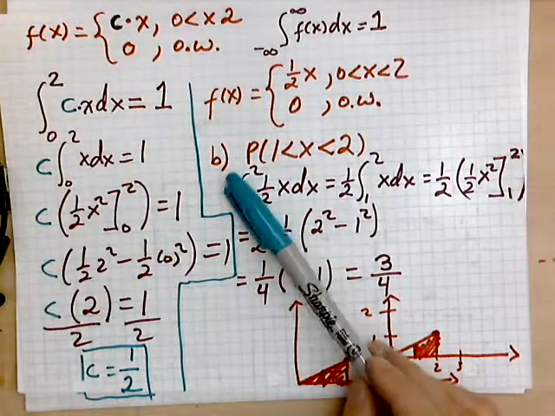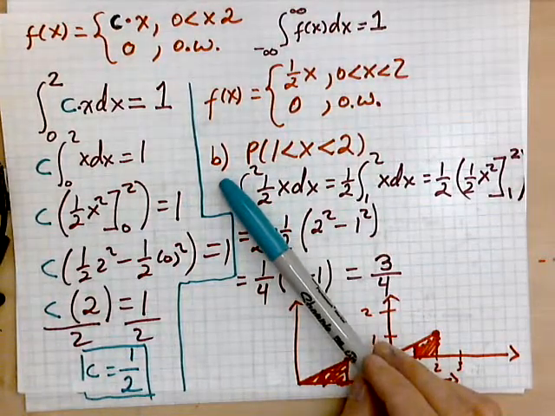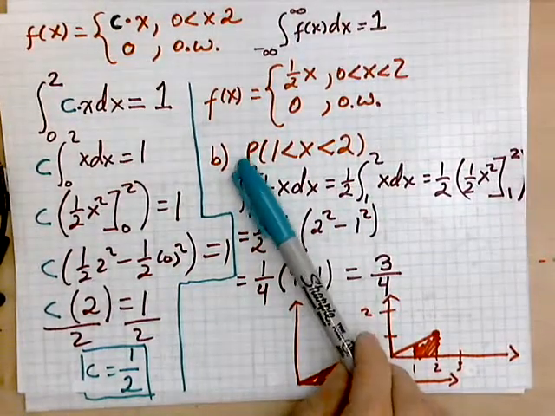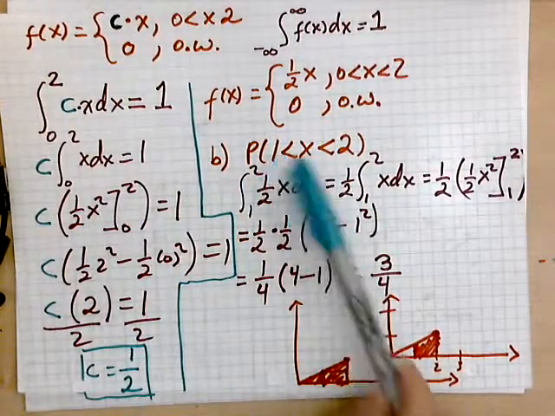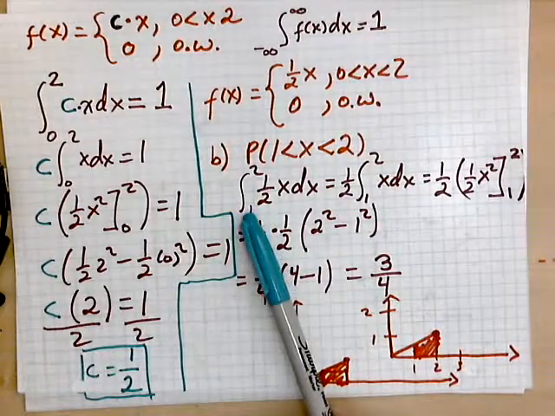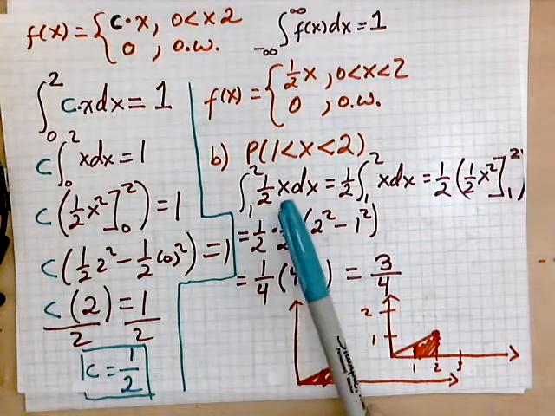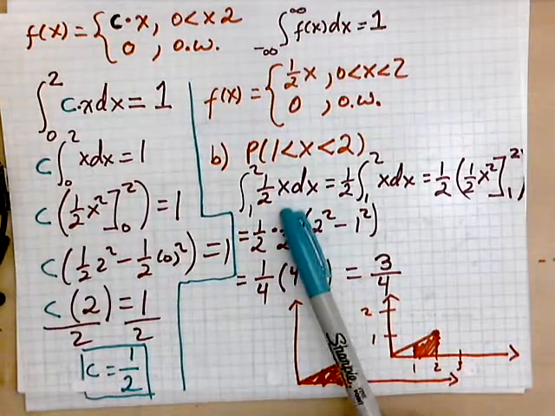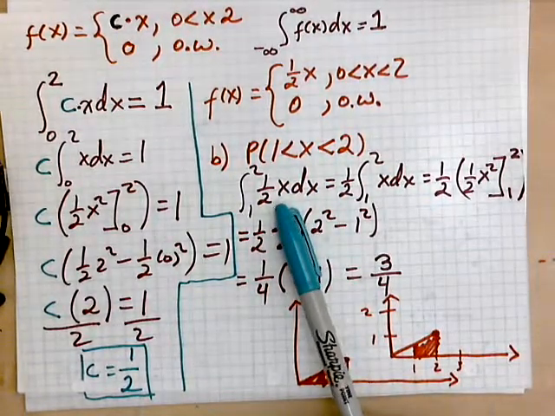Then the probability, the next question many times, of course, is, use this function. The probability that x lies between 1 and 2 is given this way, and once again you have to integrate. So the probability that x is between 1 and 2 is the integral of the PDF between 1 and 2.